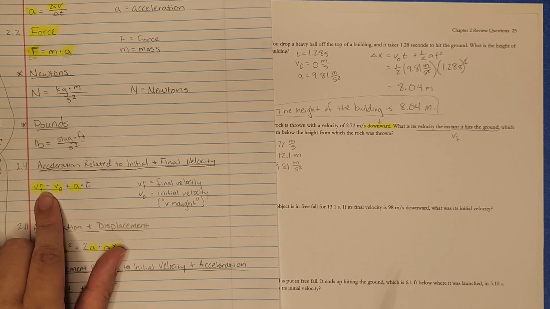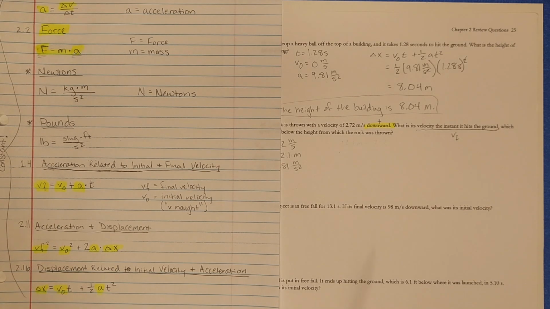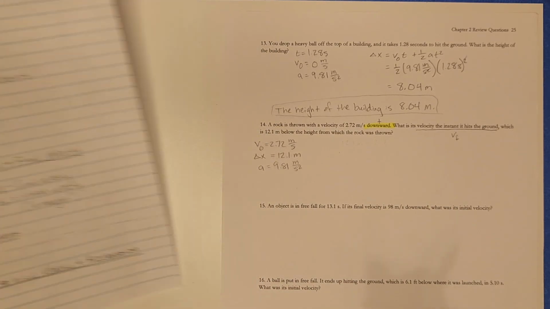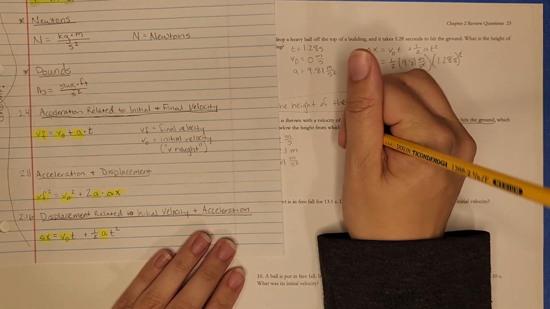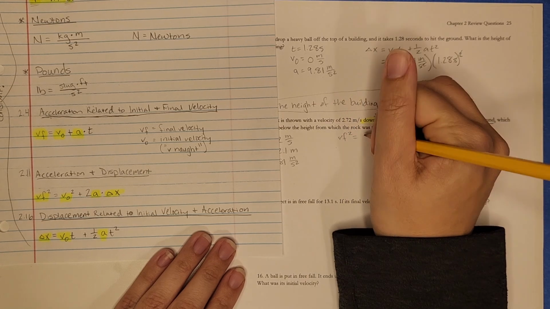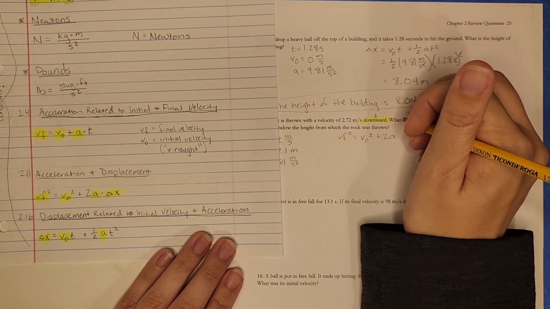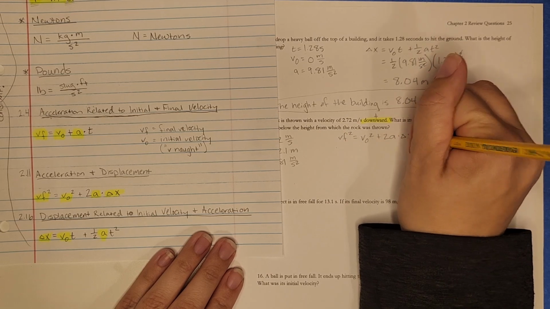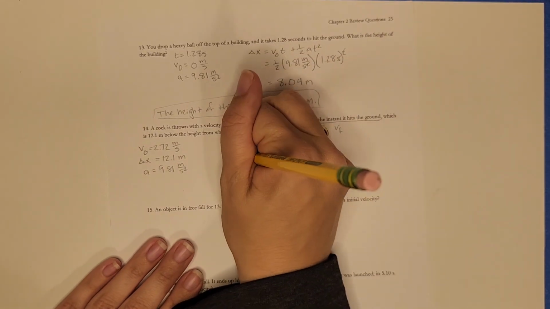We can't use this one because we don't have time, and none of the other acceleration equations will work either. So this equation is our final velocity squared equals our initial velocity squared plus 2 times acceleration times delta x. Let's plug everything in here.